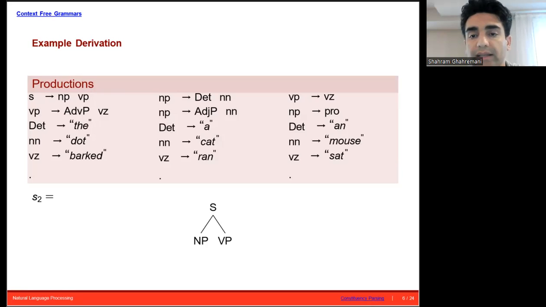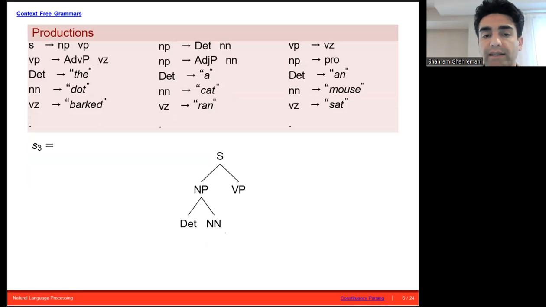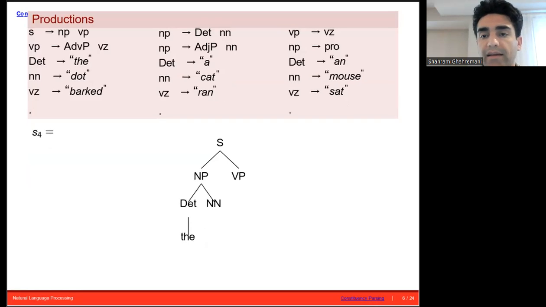Now we can replace the NP in this derivation, and we can then replace the det, and then the noun, and then we can start replacing the verb phrase with a single verb and then a terminal. So now we have in our derivation only terminals, and so this means our derivation is complete. We cannot go any further. And so this is how you go from an empty parse tree to a complete sentence.